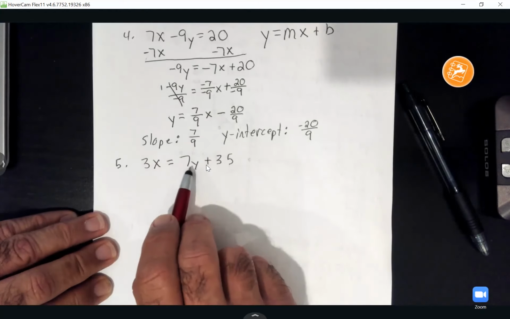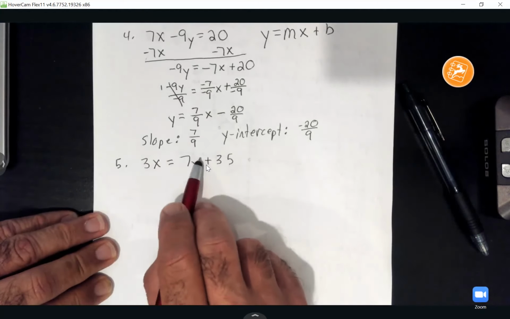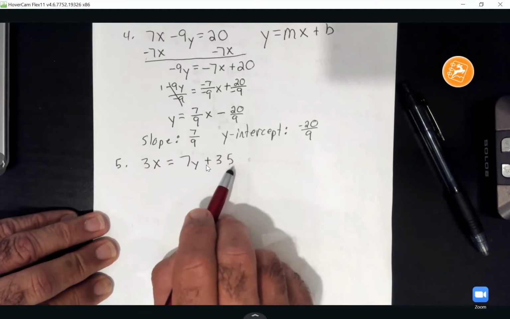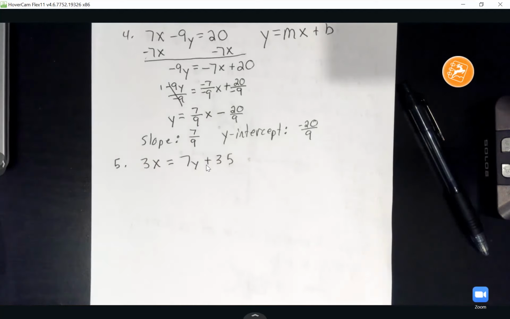So the first thing we want to do is get our 7y by itself. So we need to move that 35. So y'all's move on that would be what?